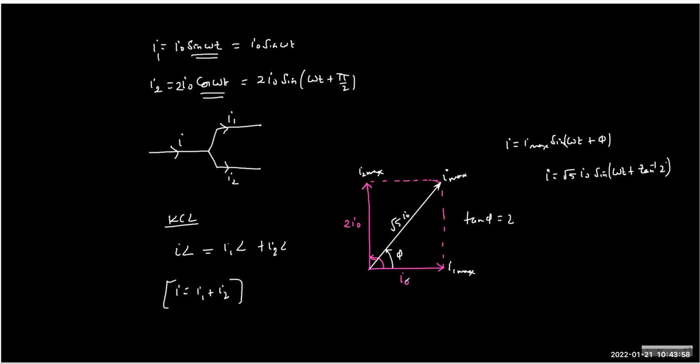This vector behavior is because they are sinusoids. In physics, the vector behavior is because of the sinusoidal dependency of the mathematical function. So any mathematical function which is sinusoid will have this property. Is this clear?